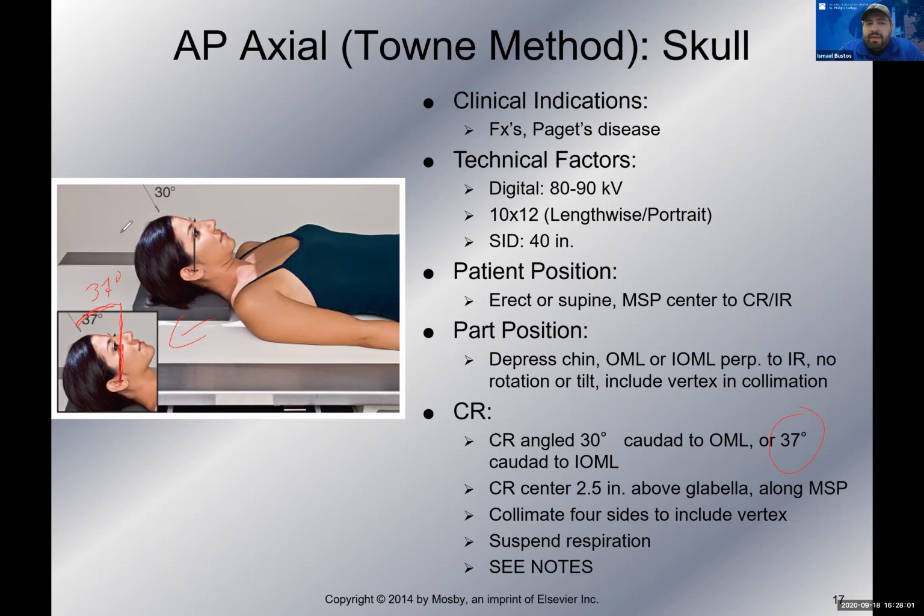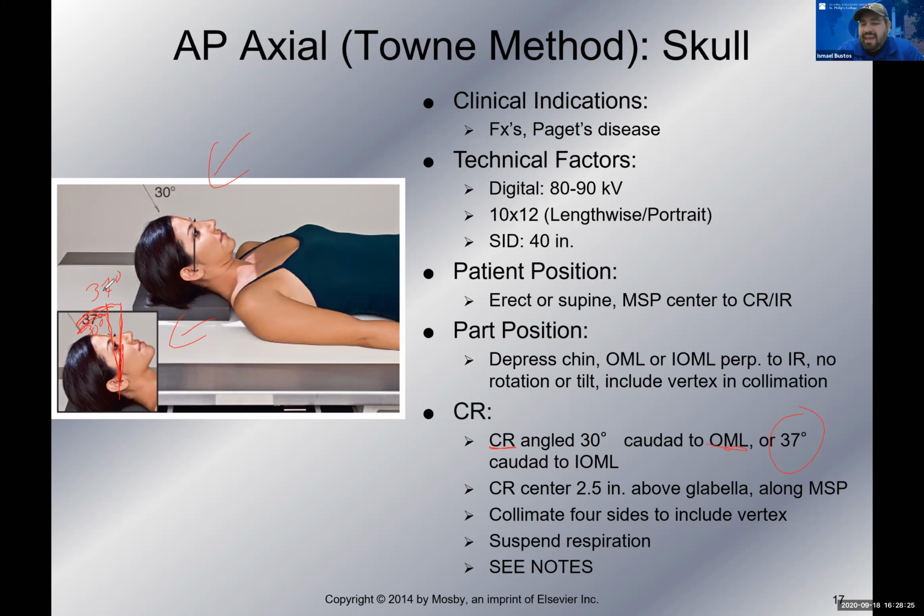Now, that's important because we want to maintain the 30-degree angle between the CR and the OML like we did in this picture. So if I was to extend this OML out, this angle between the CR and the OML would still be 30 degrees. Okay, so that's going to be important.